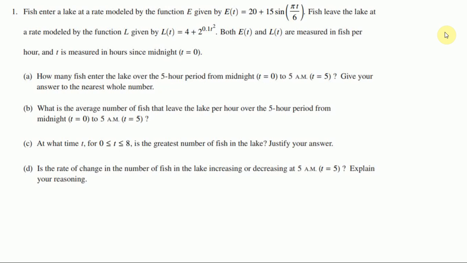Okay, so when we're looking for a value like this, what we have to do is integrate a rate to get a value.